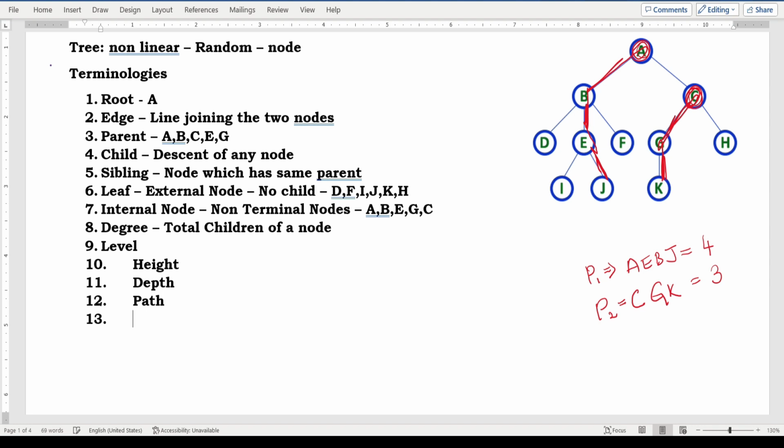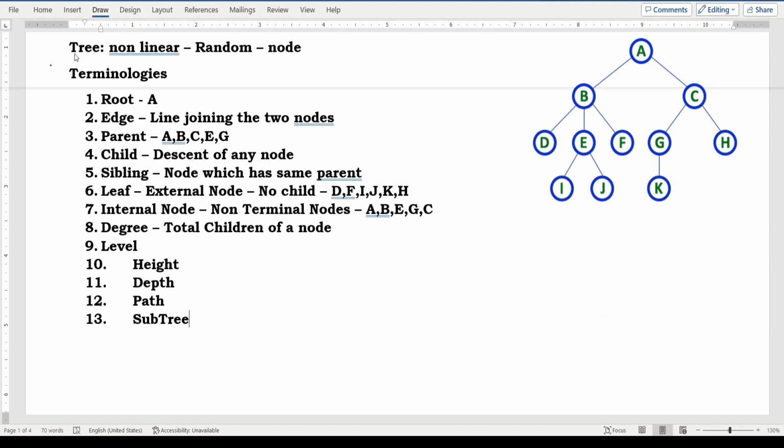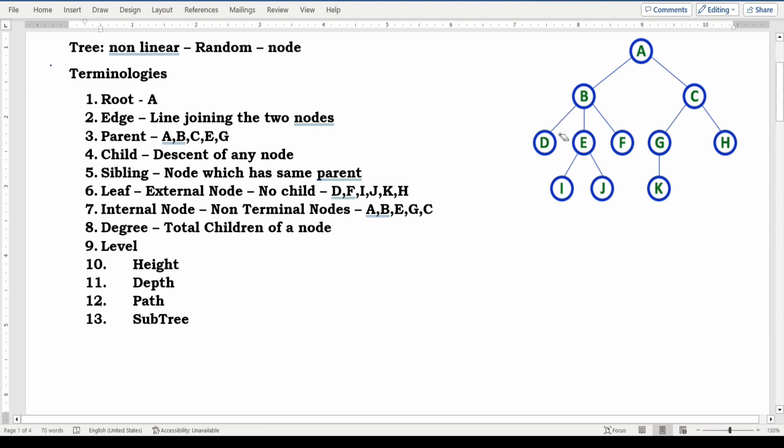And the third thing is subtree. Subtree means a part of any tree. You already know the English meaning. Let me erase this one. What is a subtree?